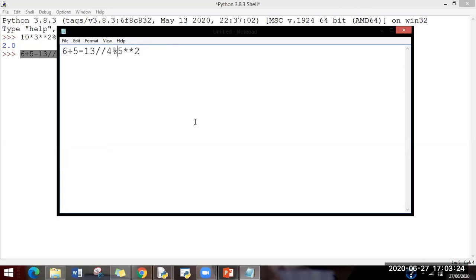You may see that this is the first operation that should be done, so we'll first do this. Now, plus and minus have a lower precedence than floor division and modulus. So we'll first do the floor division and then go after the minus and modulus symbol. So 13 done with floor division by 4, you will get 3 as your answer.